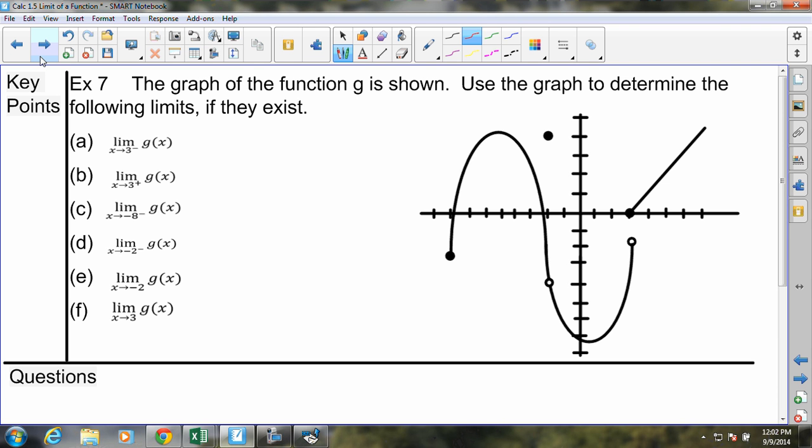So, for part A, as x is approaching 3 from the left-hand side, what is happening to the height? Okay, so here's x equals 3. When we pick x values that are close to the 3, come down to hit the graph, where is the height closing in on?